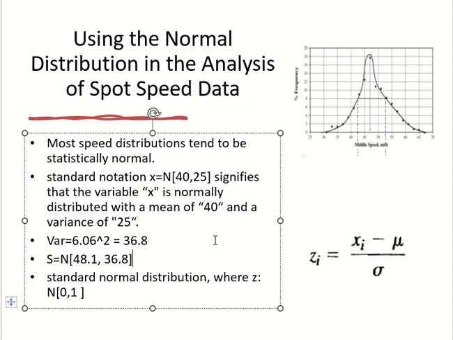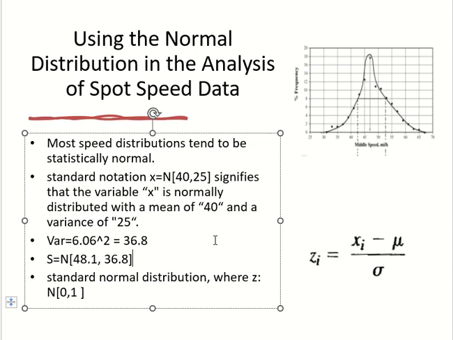How do we convert it? Take any value from the data. X is any speed value. X minus the mean, divided by the standard deviation. This is the standard equation, which you will see in most of the books. It does not use X bar and S; it uses the typical statistical terms, mu and sigma.